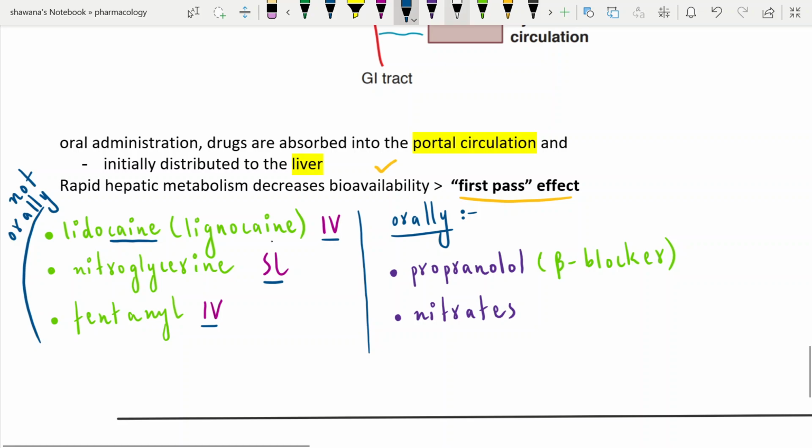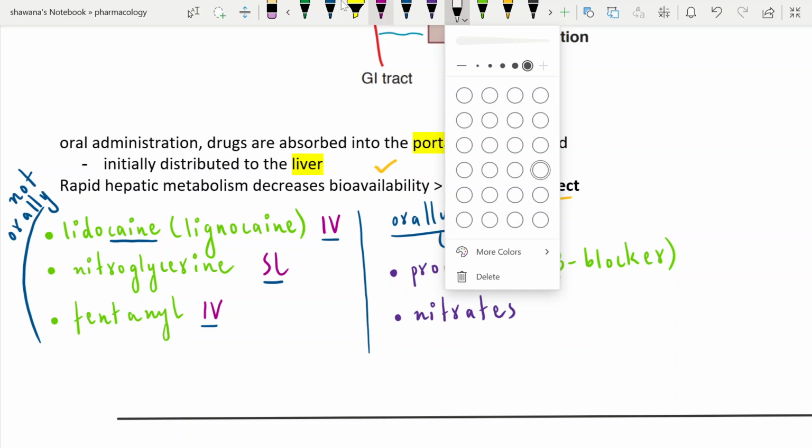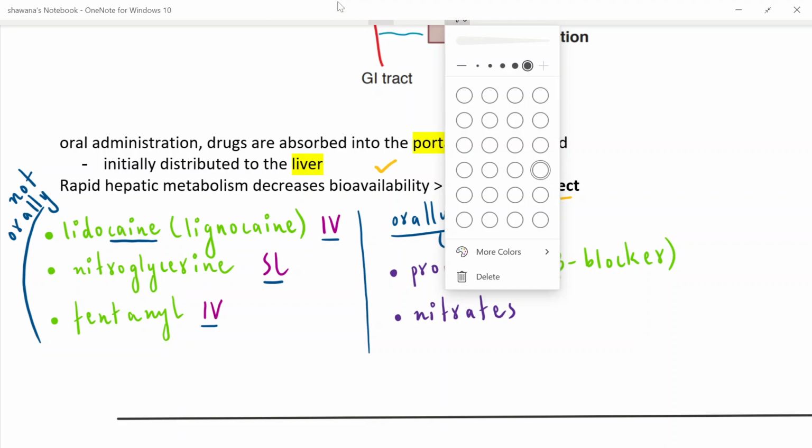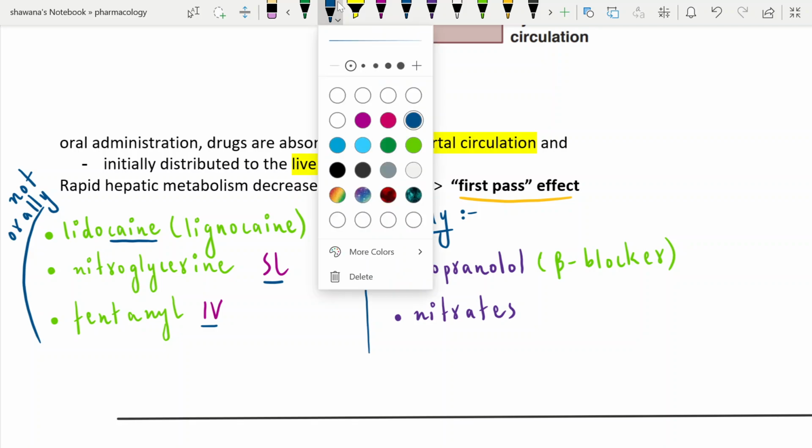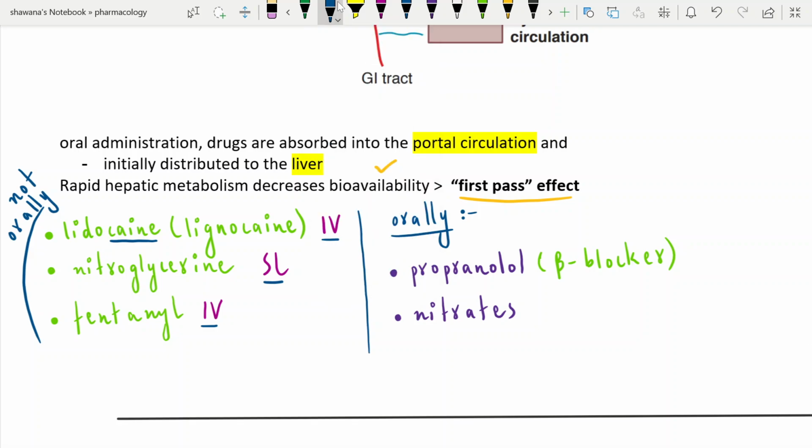Other drugs can be given orally. Most of the antibiotics and many of the drugs are given orally. Some examples are propranolol, which can be used for cardiac activities, and nitrates, which are given orally. Why can they be given orally?